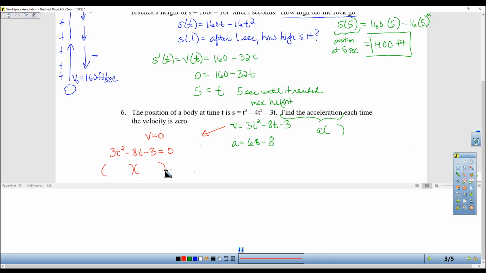All your years of factoring are going to pay off. It has to be 3t and t. Has to be 3 and 1. That'll give me t and 9t to give me 8t if I make this one negative and this one positive. T is either equal to negative 1/3 or 3.